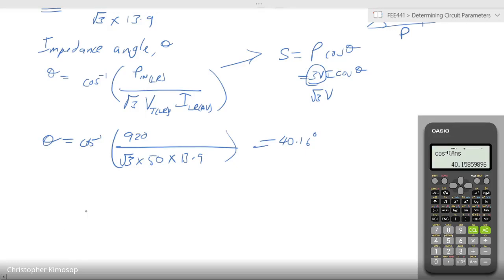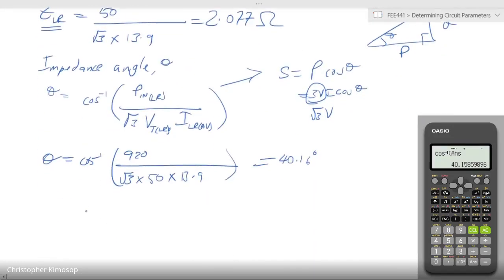So now let's make use of this. So we say ZLR is equal to RLR plus jXLR. And remember, the XLR is a prime. We had said that because of the reduced frequency, XLR there will be a prime.